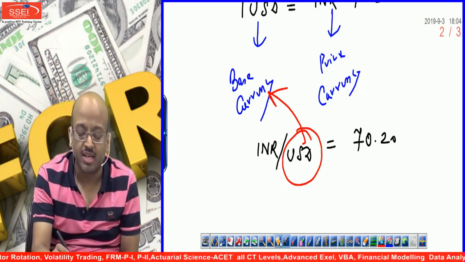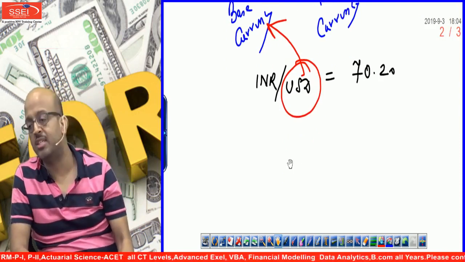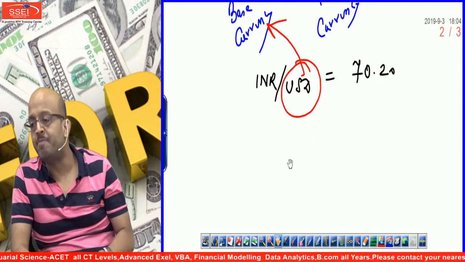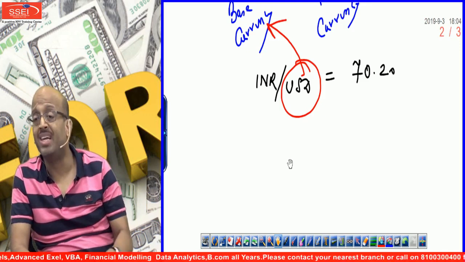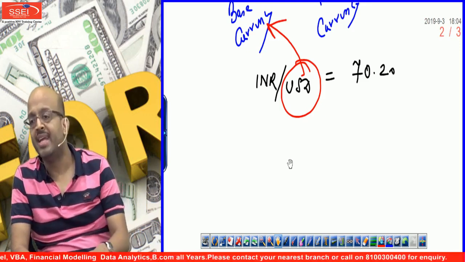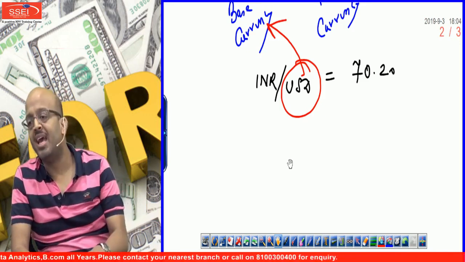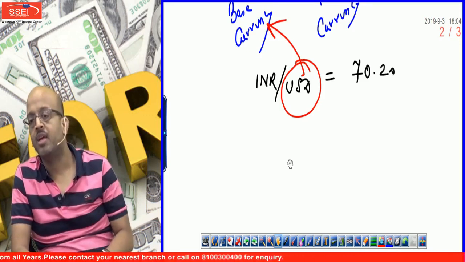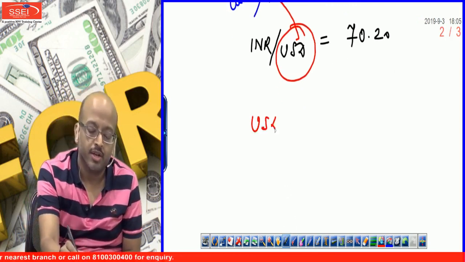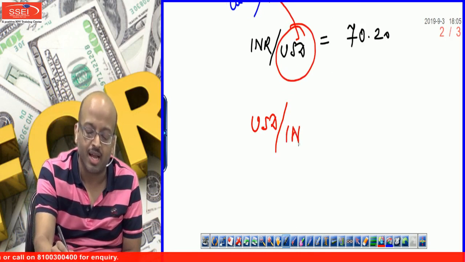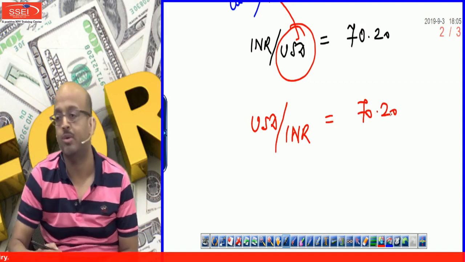Correct? Next line. However, in 10% of the situations, comma, ICAI provides a googly, dash, USD oblique INR 70.20.